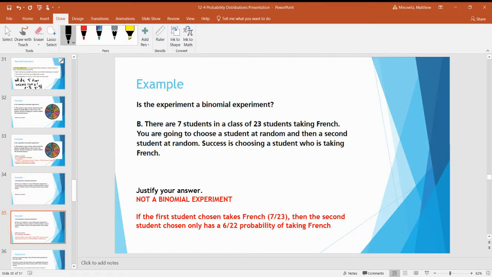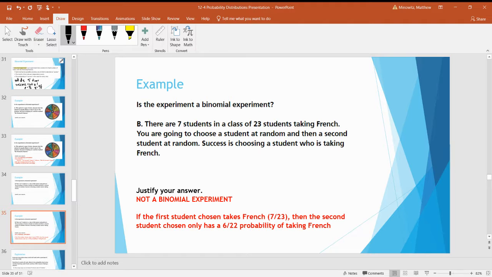Okay, so in this case, not a binomial experiment because the probability of success is changing. From the first student, I get 7 out of 23 possible successes, and then the second one is 6 out of 22, because it has to be a second student, it can't be the first student again.